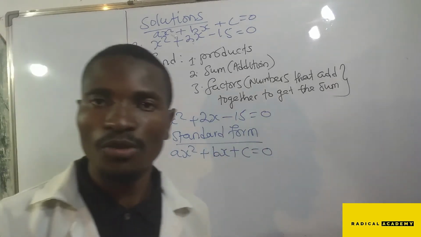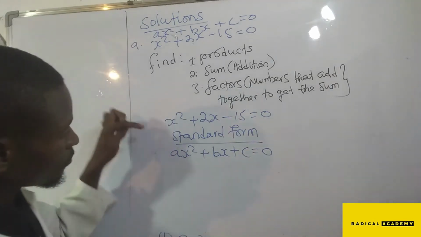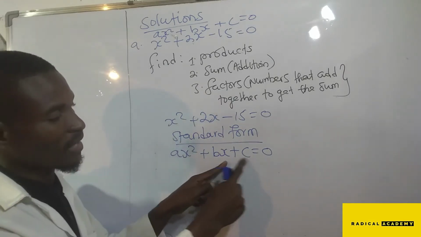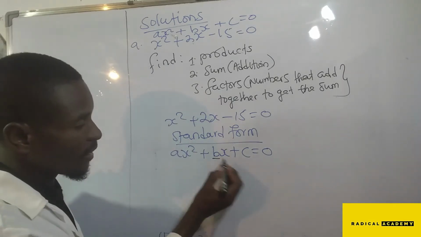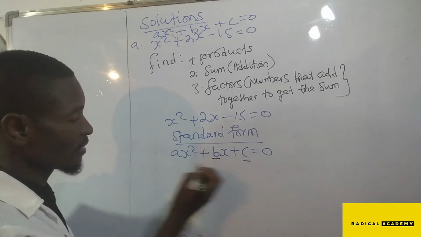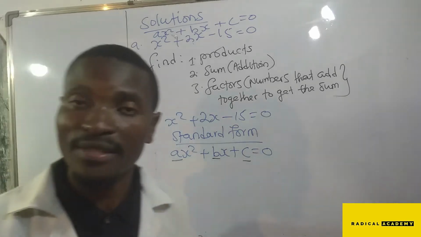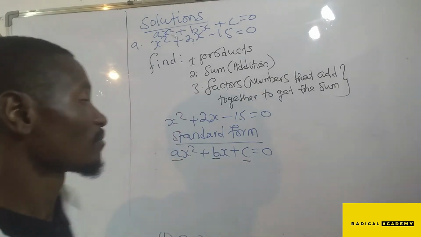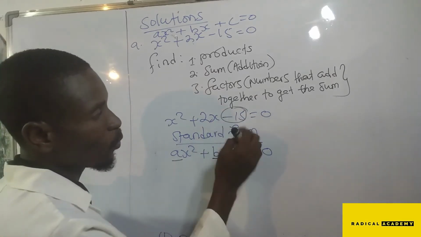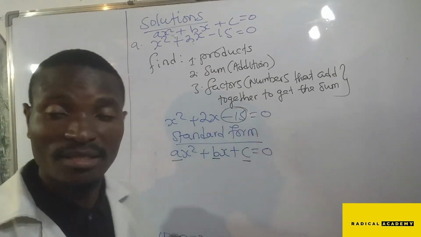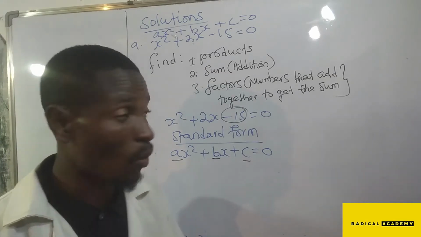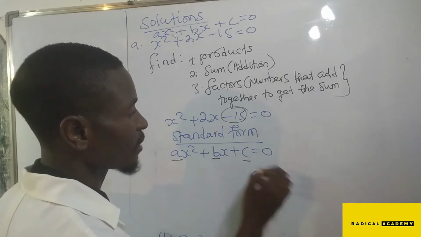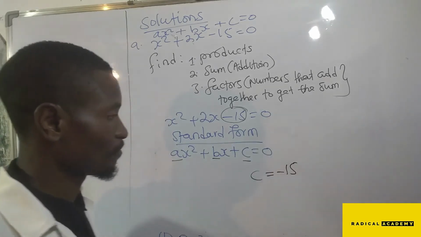The standard form of the quadratic equation is ax squared plus bx plus c. These a, b, c just represent numbers. In the actual given equation, the number which is just alone is called the constant, and our constant there is negative 15.